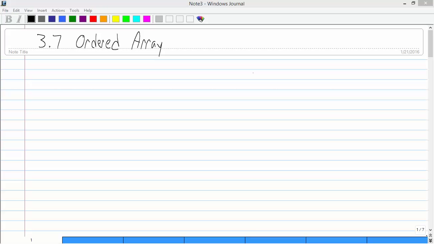All right, 3.7 is on an ordered array. An ordered array is a listing of all the data in either increasing or decreasing magnitude.